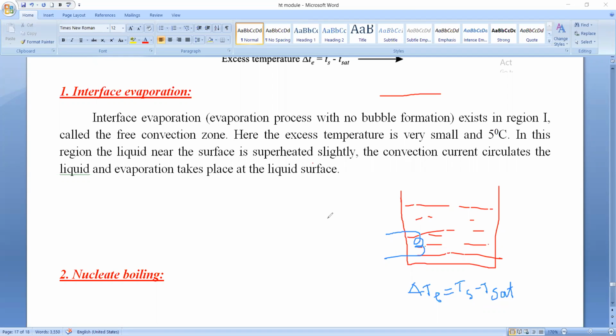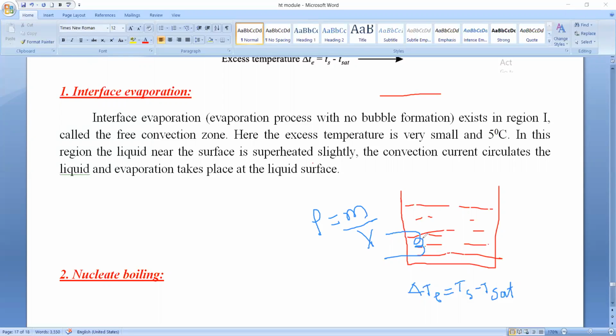Now during this interface evaporation, the liquid which is near this surface is superheated, and as it is superheated, it undergoes expansion. You know the density equals mass by volume. As it undergoes expansion, the volume of this liquid will increase, and hence the density will decrease.